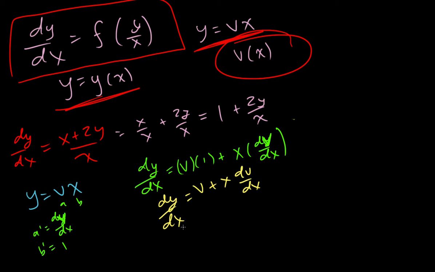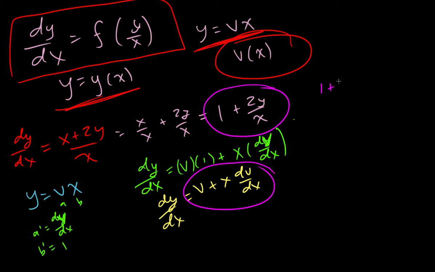Okay, now what we're going to do is compare the two equations that we have for the derivative of y. So we have this and we have this. So I'm going to set those equal to each other.